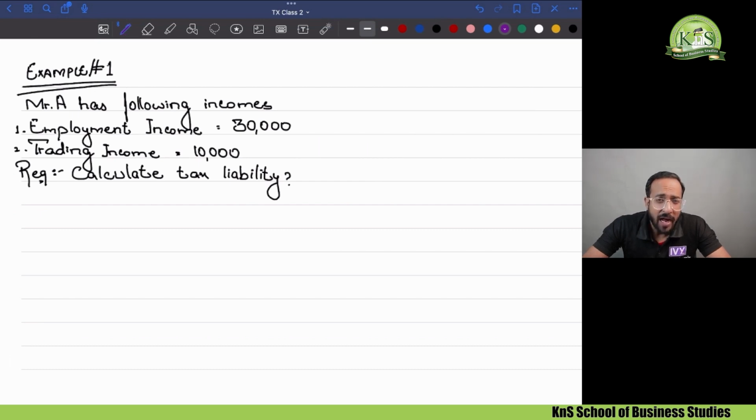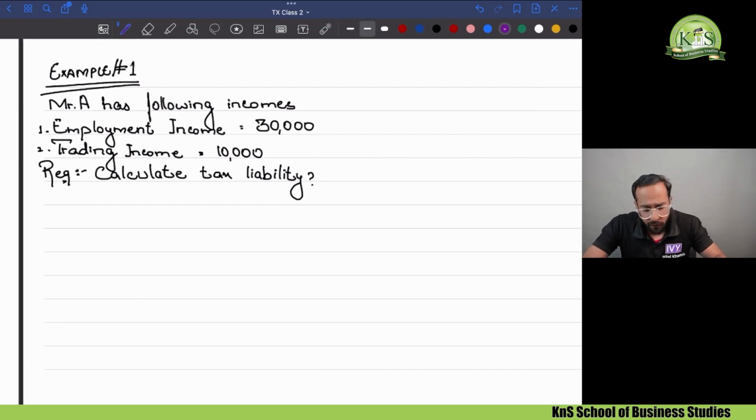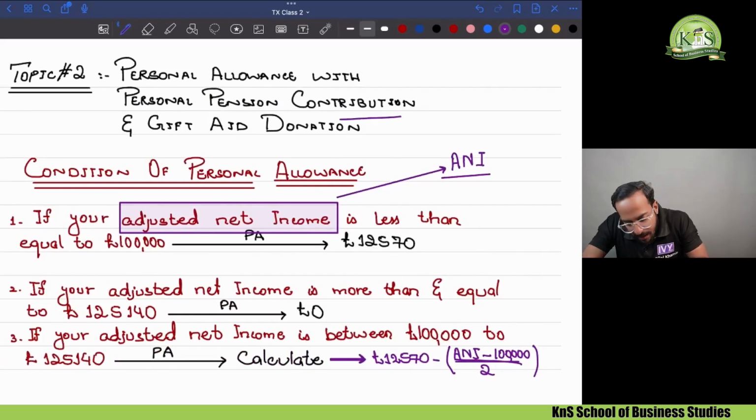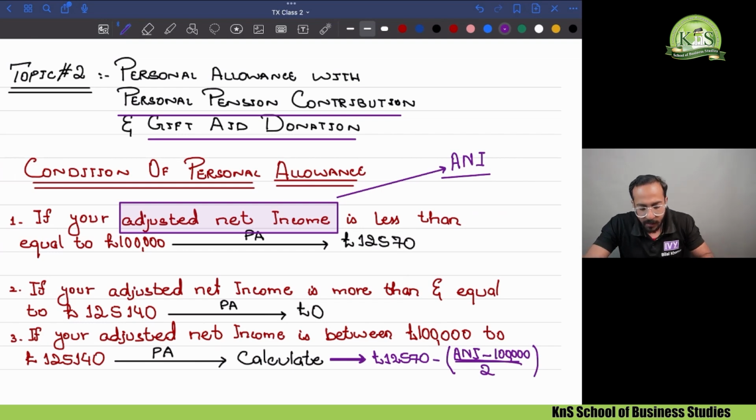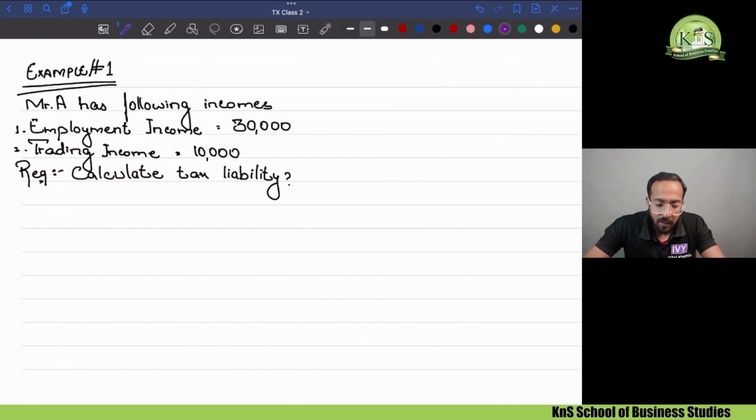When you have information of personal pension contribution and gift aid donation in the question or in the example. You need to calculate ANI when you have either personal pension contribution or gift aid donation in the question.